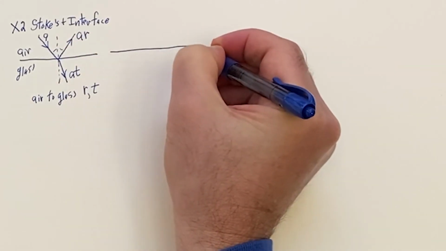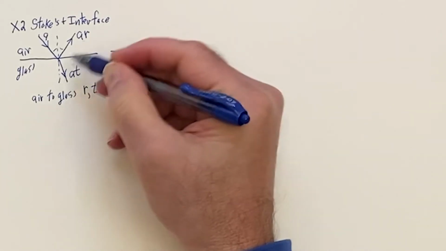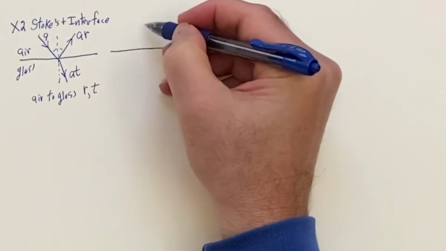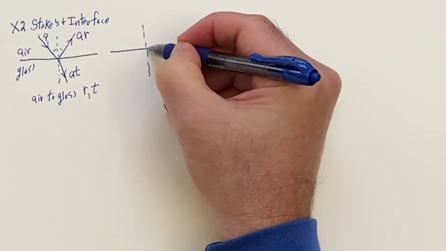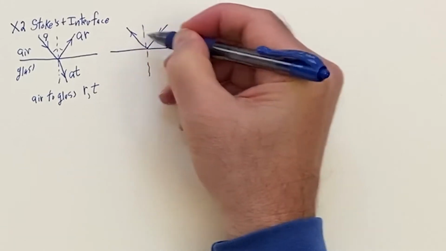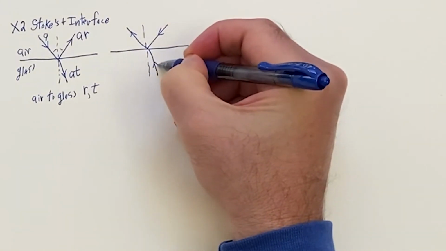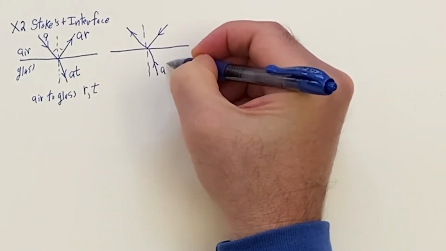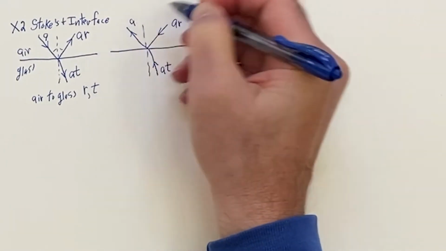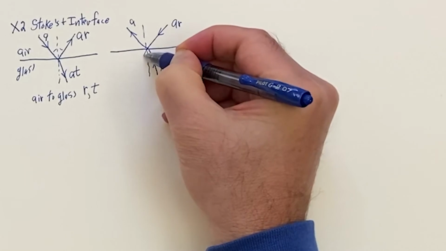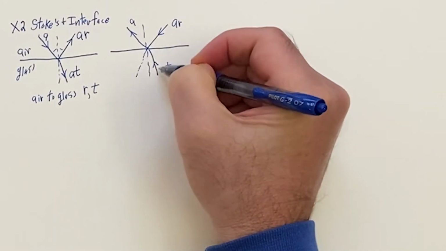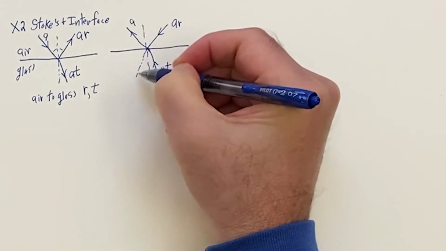But what Stokes did, rather than look at these complicated formulas that we derived, the Fresnel equations, is do something simpler here. And the trick is to run the rays in reverse, reverse everything. So if we reverse everything like this, so that this is, say, an AT, and this is an AR, and this is an A, and then allow for a possible reflection, because if you're coming up, you could have a reflection.